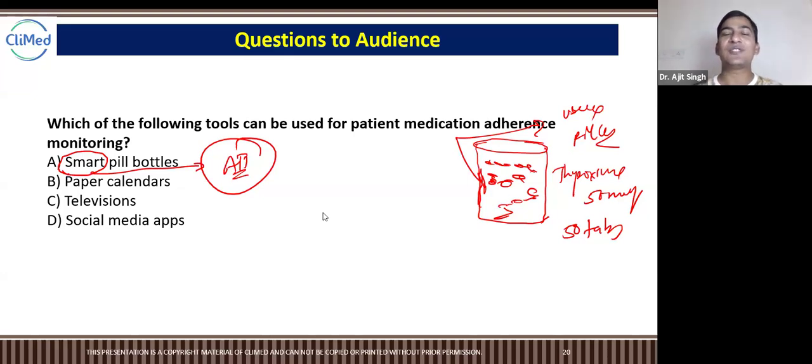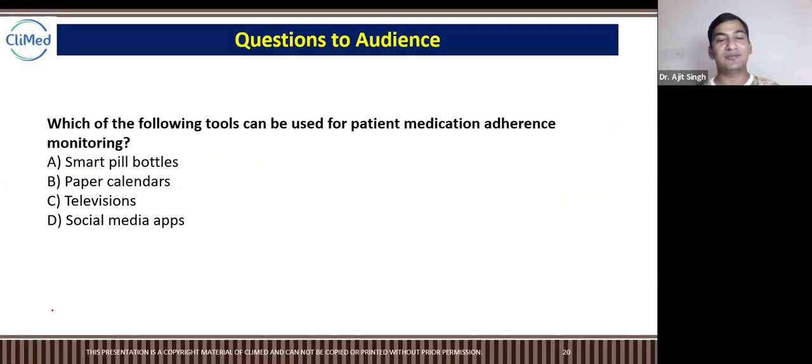Yes, I got one very relevant answer. It give only one pill every time. But again, this is half answer, Ramya. Let me tell you, what is smart pill bottles? First of all, you could have seen what I've written here. It is not a bottle, it is bottles.